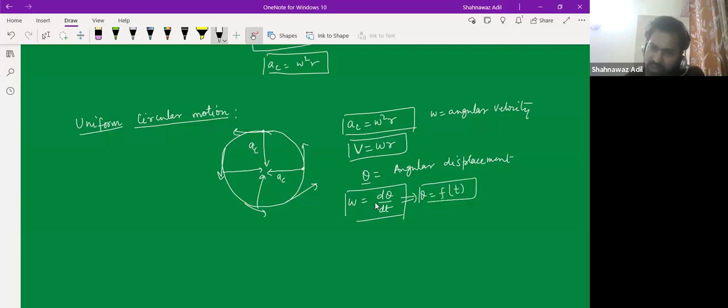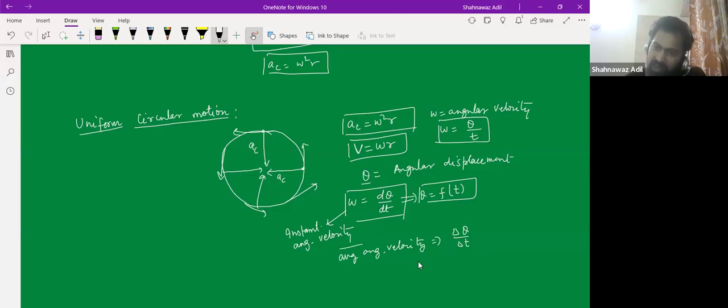This is called the instantaneous angular velocity. And if you have a constant omega, it is simply theta by t. Then you have the average angular velocity, which is simply delta theta by delta t.